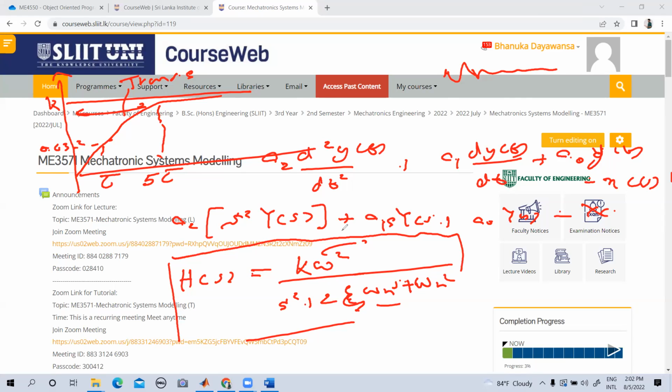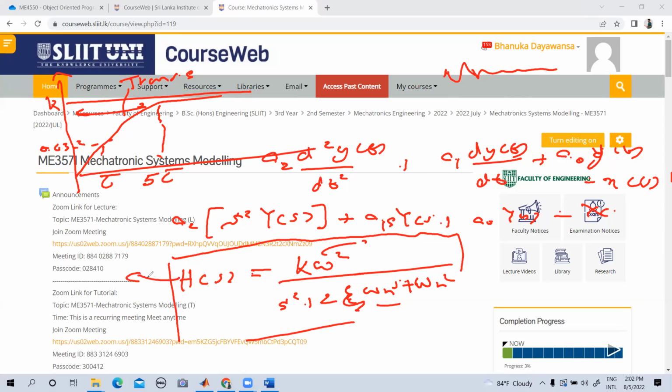So this is what we actually do in this module. We try to go into the in-depth forms of modeling a system. This is a transfer function representation, right?